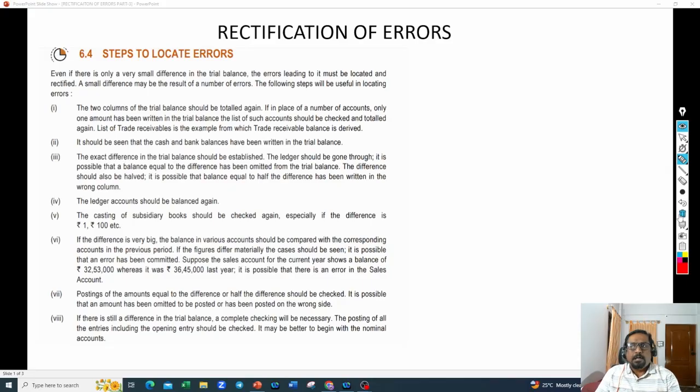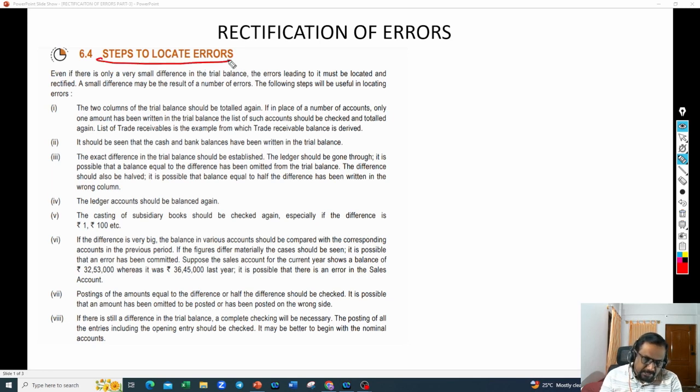Let us get into the subject now. Okay, guys. We are going to learn how to locate the errors. That is what we are going to discuss now. I'll read out point by point here and explain how to locate the errors, right?